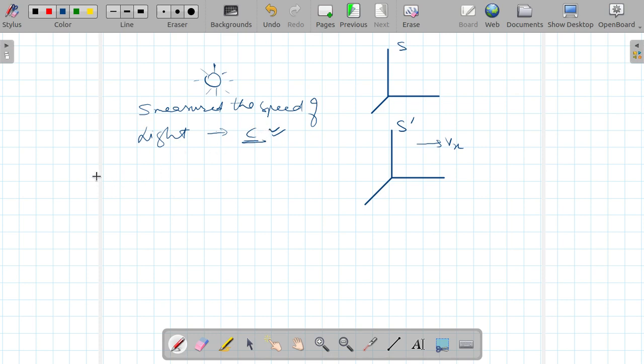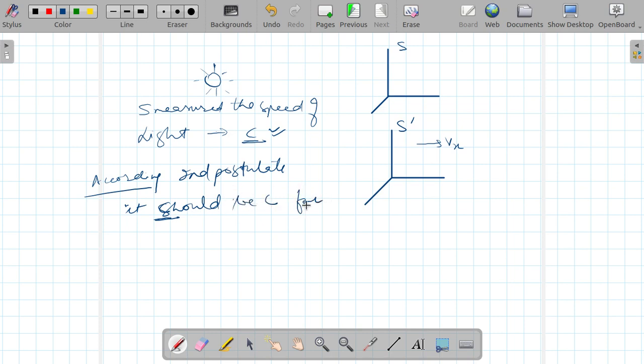But if I go to the second postulate, then the speed of light should be c for the frame of reference S prime as well, that is c prime. That means both frames of reference measure the speed of light as c.